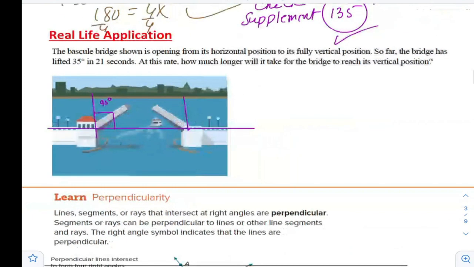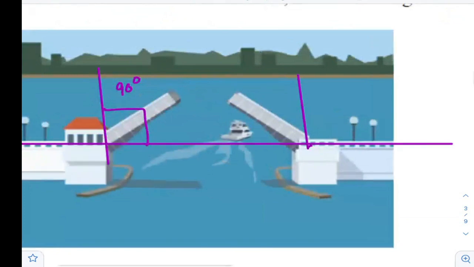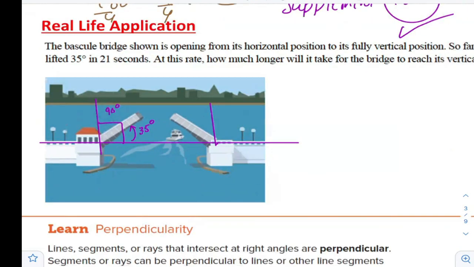Okay, now, so far, the bridge has lifted 35 degrees. This angle now is 35 degrees. And it has been lifted to this position, يعني وصلت ل 35 degrees in 21 seconds.